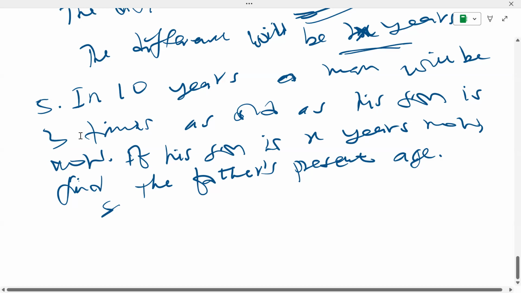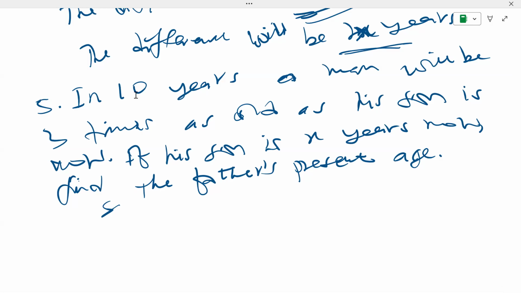So if the son's age is X, then it will be whatever age the man will be, plus the 10, equals 3x. So if we say that age is y, it will be y plus 10 equals 3x. If we are looking for the age the man will be, then it's the y that we are looking for. So the man's age will be 3x minus 10 years. That's great.